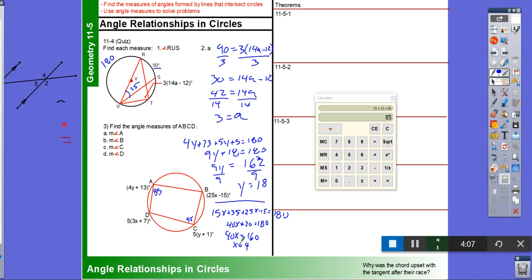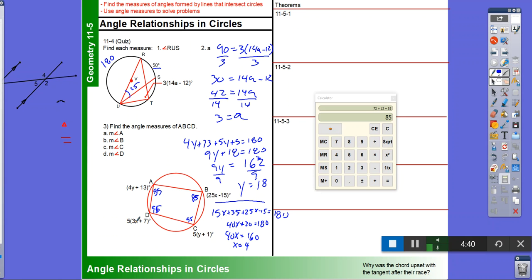Love it. That's 100. 100 minus 15 is 85, which makes this 95. Let's double check. 3 times 4 is 12. 12 plus 7 is 19. 19 times 5 is 95. All right, so good things are happening already.